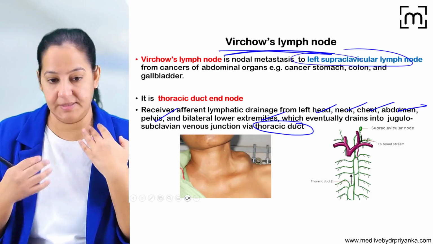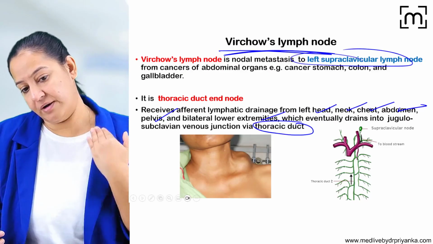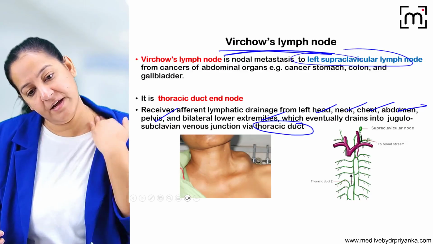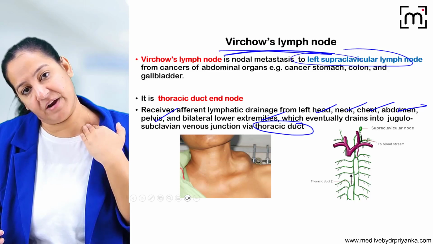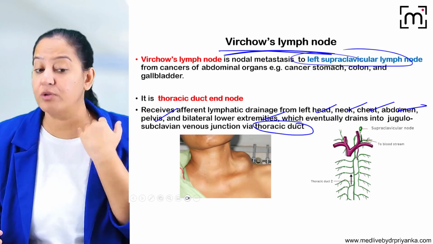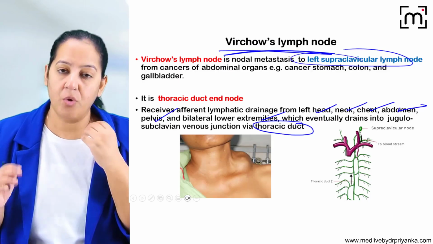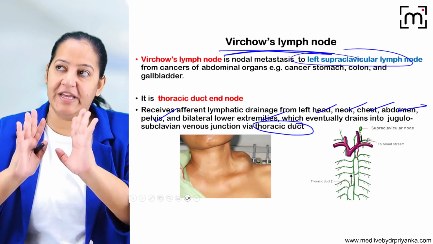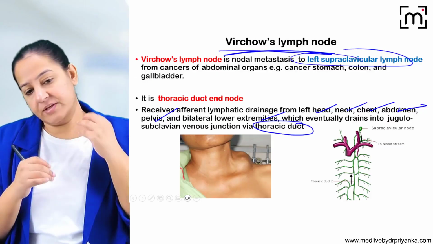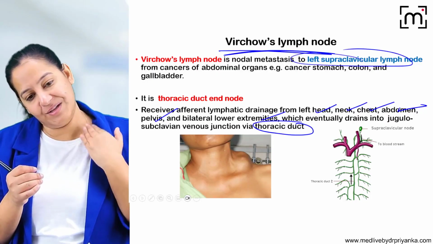Can you see? This is the left side. Just above the clavicle, you can palpate this left supraclavicular space, and in this there is a lymph node. So all the lymphatic drainage throughout the body wants to go into the thoracic duct, but before the thoracic duct, it drains into this lymph node. It is known as the virtual lymph node.